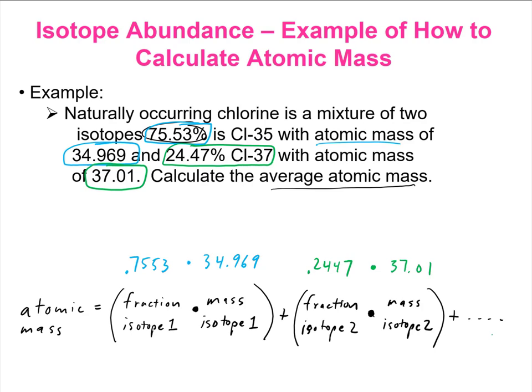So I'm going to write 35.47. I'm going to write AMU, atomic mass units.